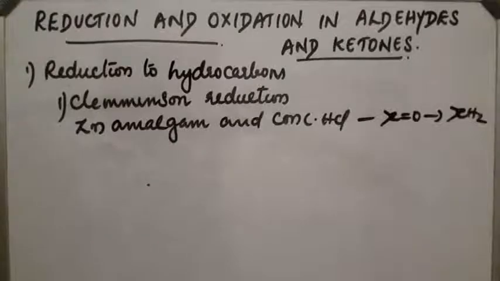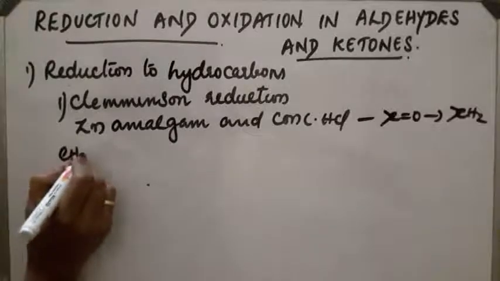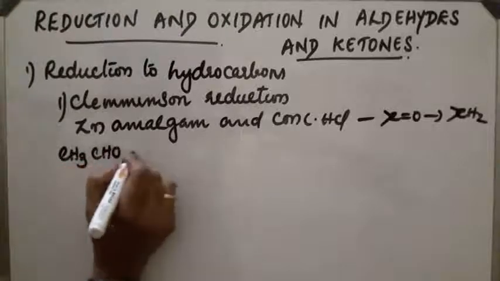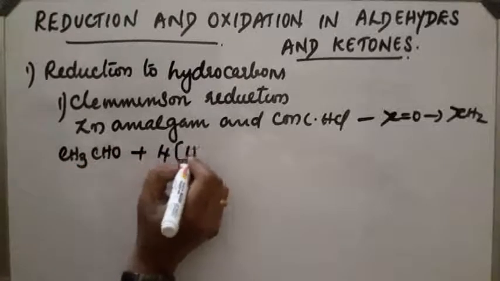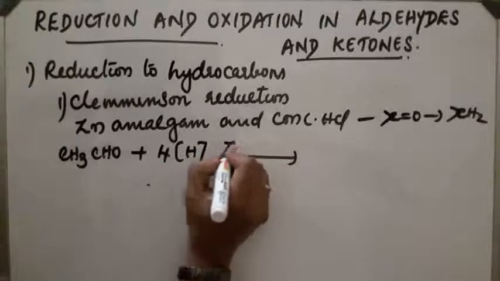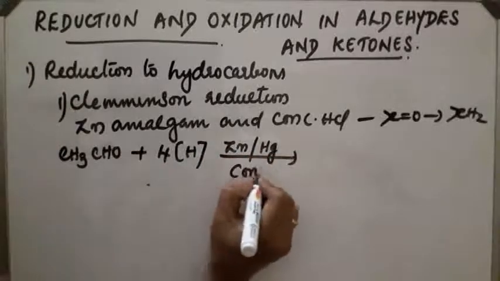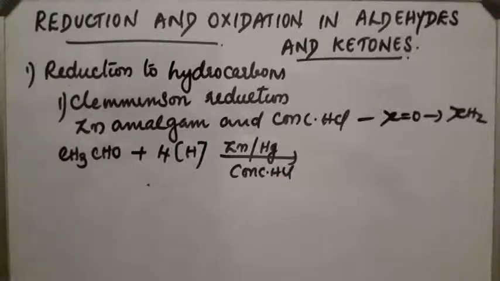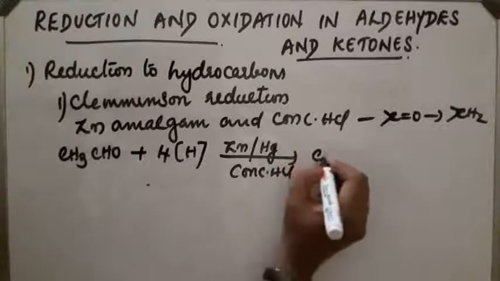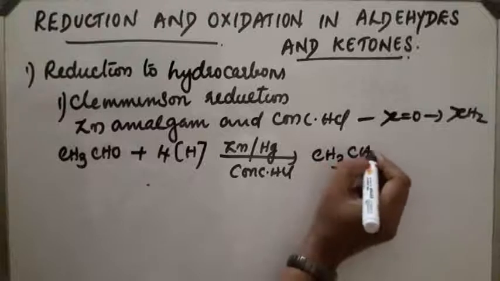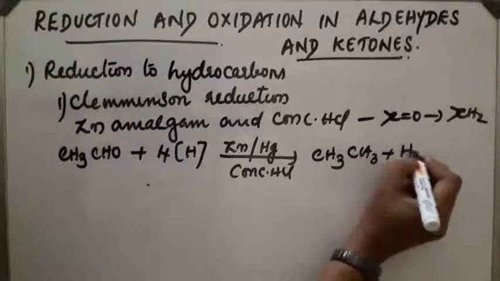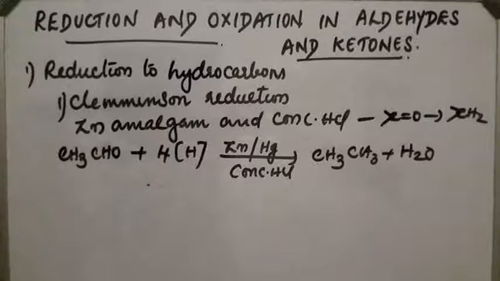Let us see the reaction. CH3CHO on reduction in the presence of zinc amalgam and concentrated HCl gets converted into CH3CH3 plus H2O. The CO group is reduced to a CH2 group.